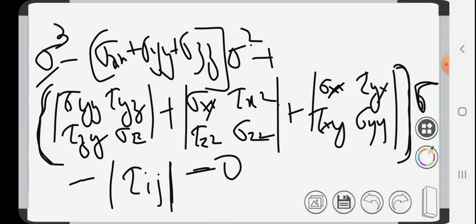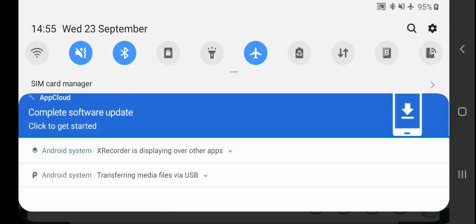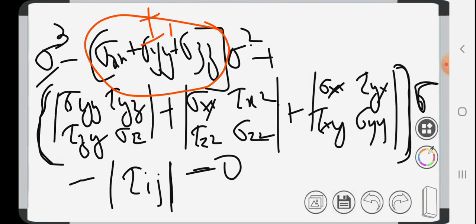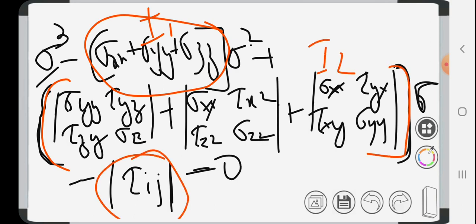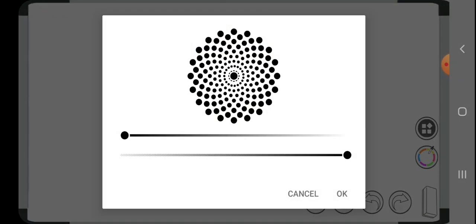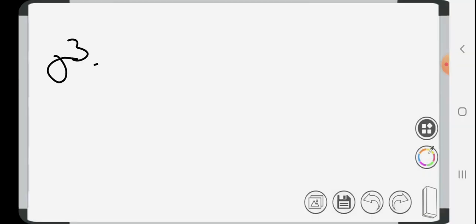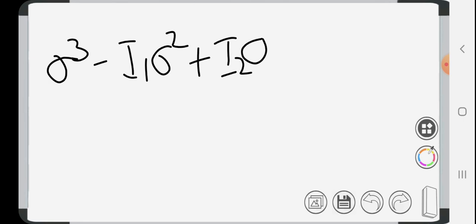Alright, so students, I am simplifying this equation. I am writing the first term as I1, the term inside the bracket as I2, and the last term as I3. So the equation becomes sigma cubed minus I1 sigma squared plus I2 sigma minus I3 equal to 0.